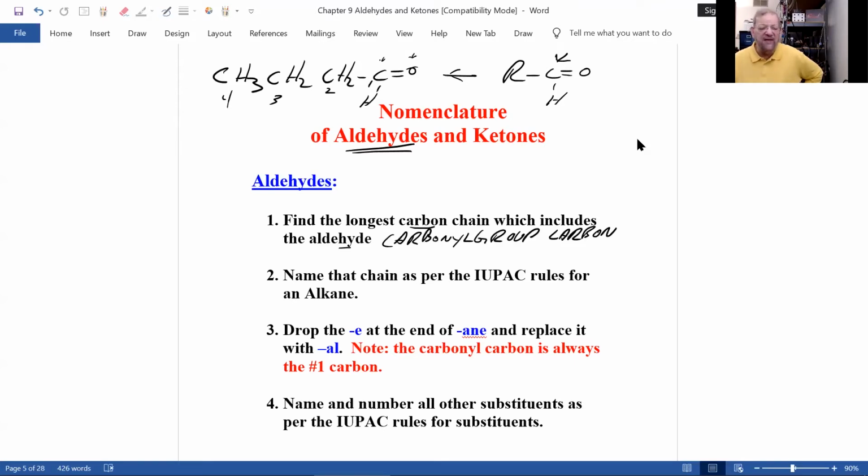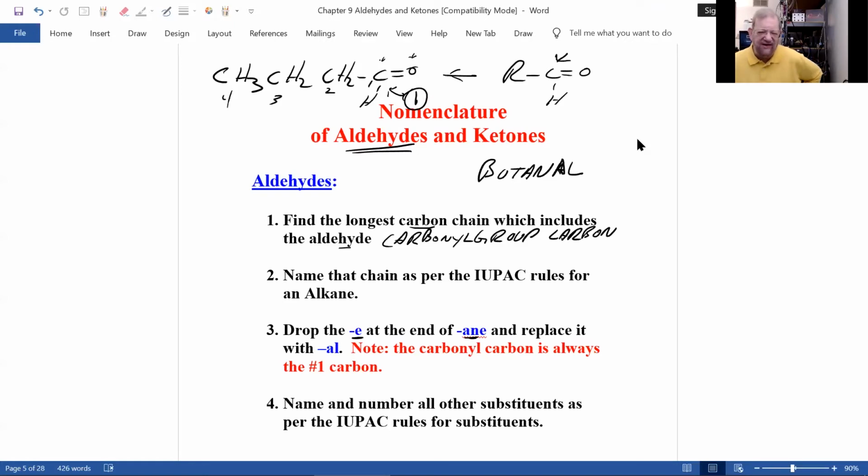Name that as an alkane, and that would be butane. And then drop the E at the end of butane and replace it with AL, butanal. Now, because the carbonyl carbon rocks in an aldehyde, this carbon is always number 1.